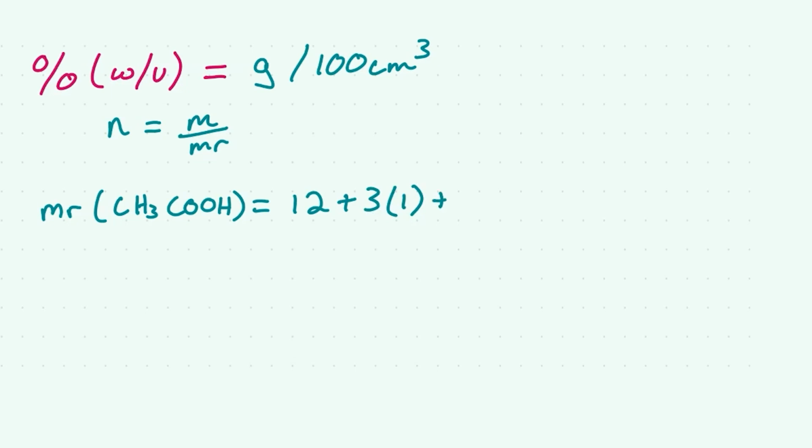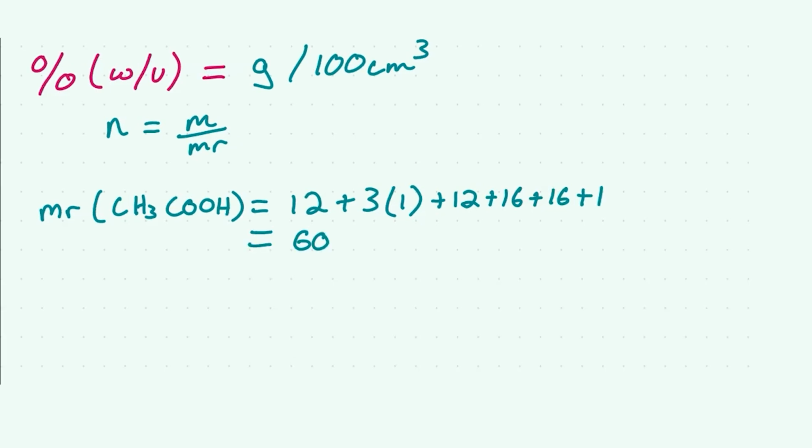Then we have another carbon, so another 12, and oxygen, 16 each, so plus 16, and then finally a hydrogen at the end, so plus 1. So now just throwing all that into our calculator, we will get our answer of 60. So 60 will be our molecular weight of our ethanoic acid.